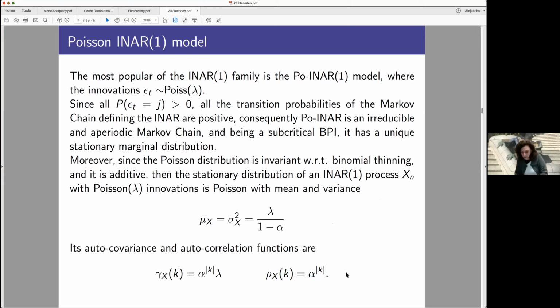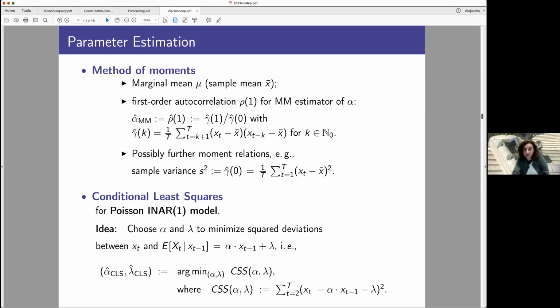So it's an exponentially decaying autocovariance. So what about estimation of the parameters, because we now have an alpha and a lambda that we have to estimate.